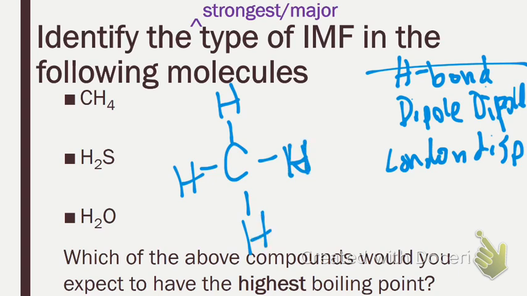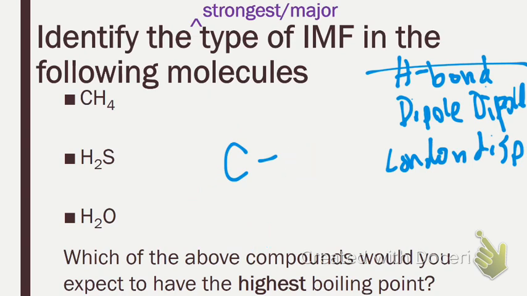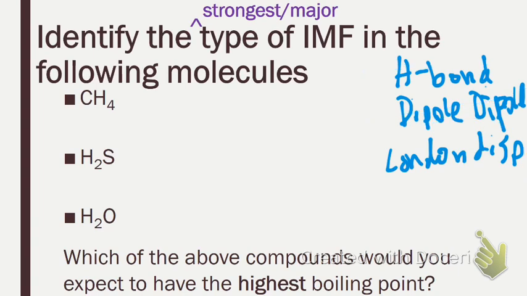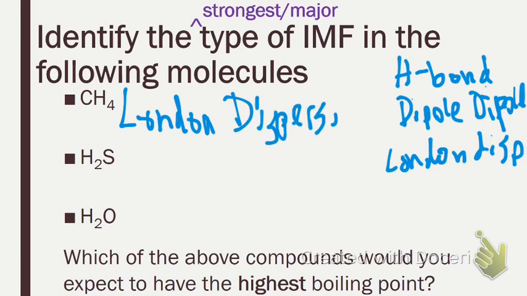All the atoms around the outside are H's, despite this one not looking like an H. So there's no different atoms around the outside, so this is not polar. So that is not an option. It's not dipole-dipole. So the only option left is London dispersion, and that's going to be the choice that we make here. So this is London dispersion forces.